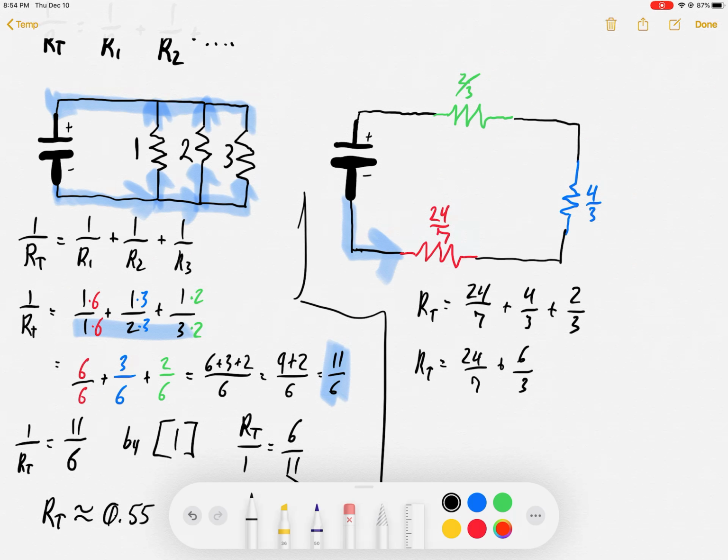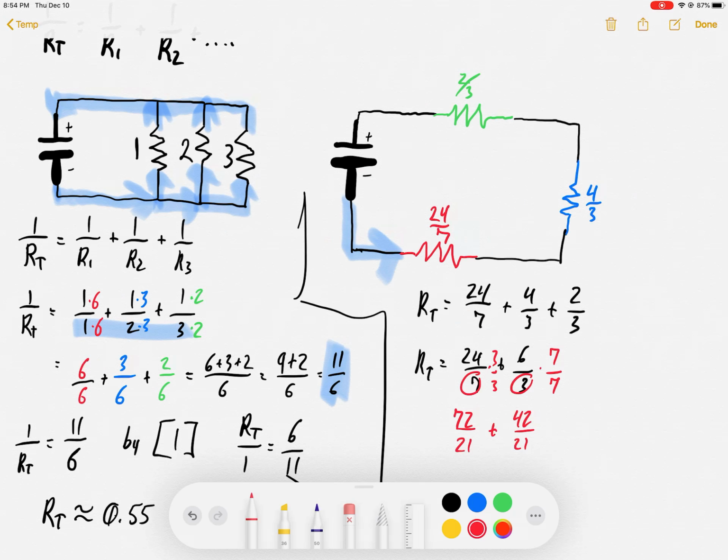I'll do equivalent fractions, because 3 and 7 are both prime, and they're also something called co-prime, meaning that they do not share any common factors. So that means the common denominator is 7 times 3. So you're going to get two fractions with 21 in the denominator. 24 times 3 is 72.